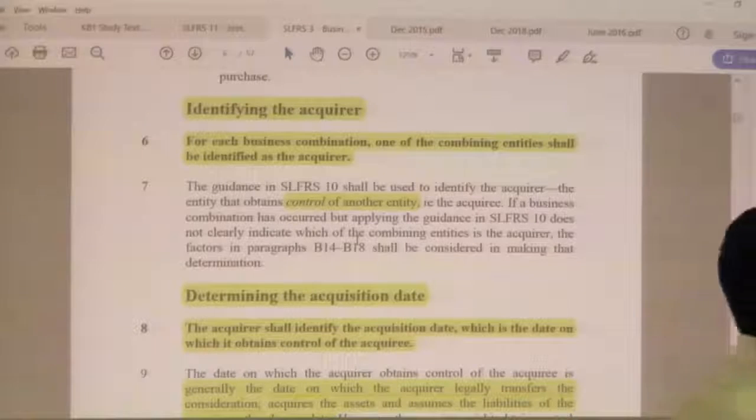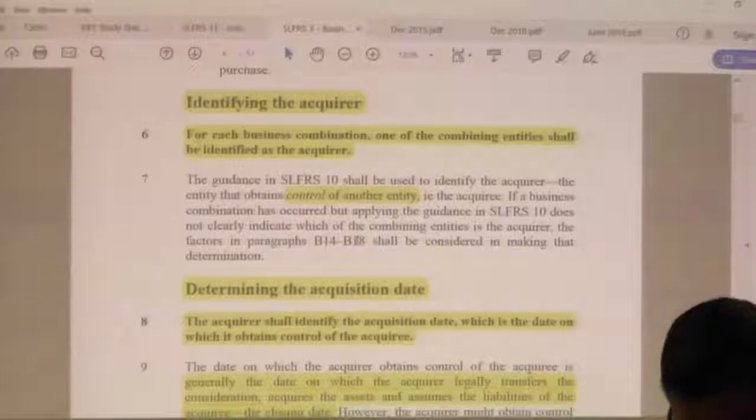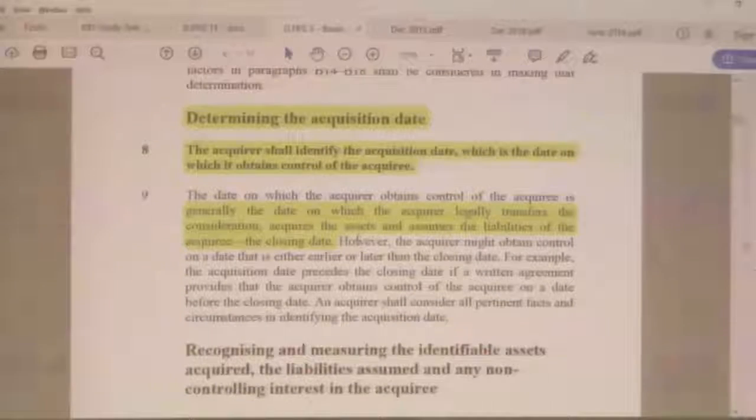which is there in paragraph 7, right? Then a very important thing for me is to determine the acquisition date. All these things you are much more familiar with, I believe, with the calculation. That's why I am a little faster when I am going through the standard, because very easily you can understand, but much more important. That's why I selected the standard as well.